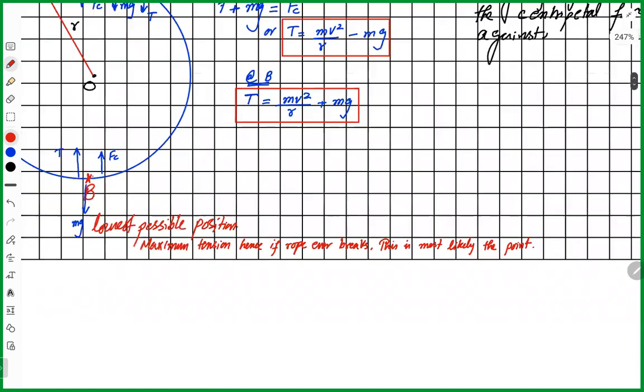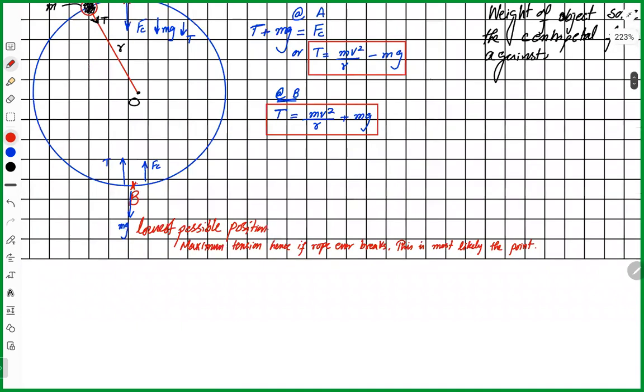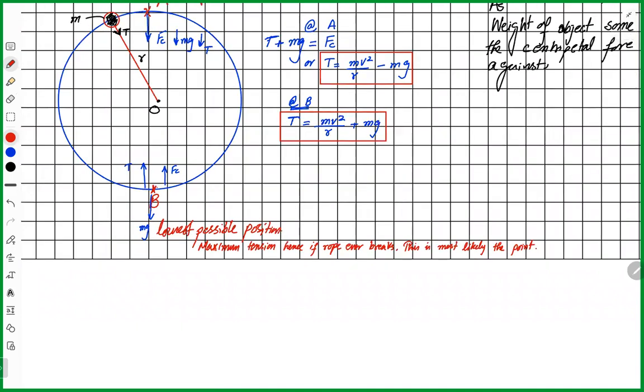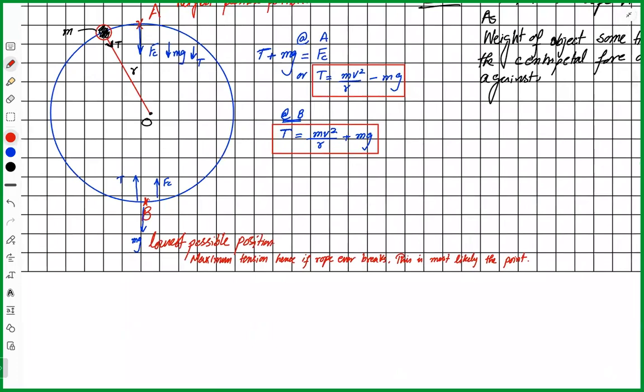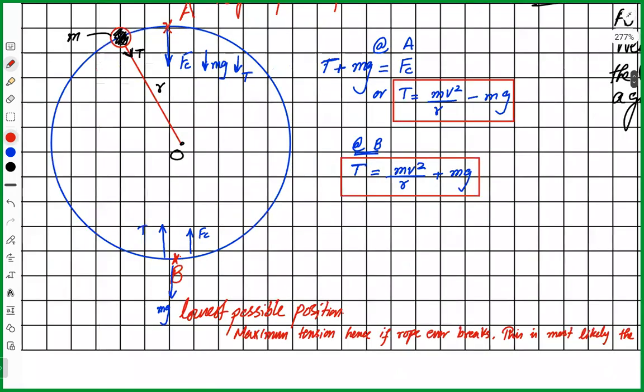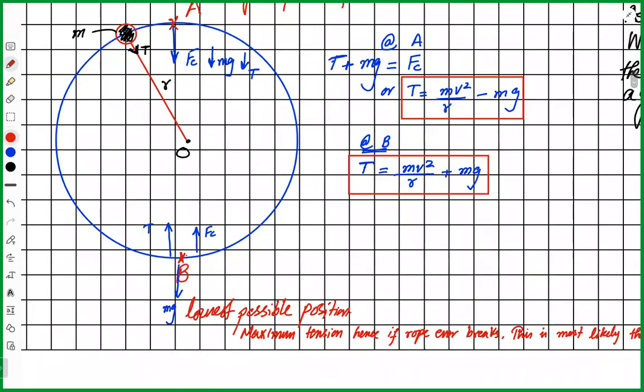So if you gradually increase the speed of rotation of the mass and you are waiting for the rope to snap at any point and you want to predict where this rope will break, then your answer is B. B is the most likely position where the rope will break, because the rope will always experience maximum tension at B.